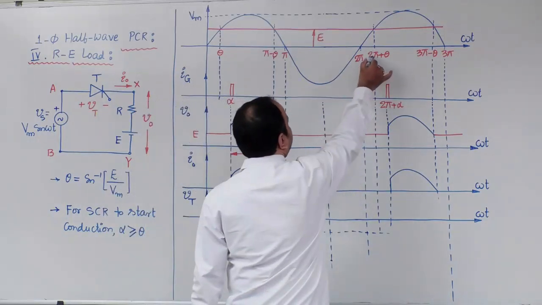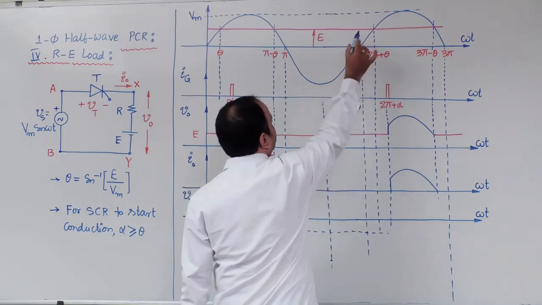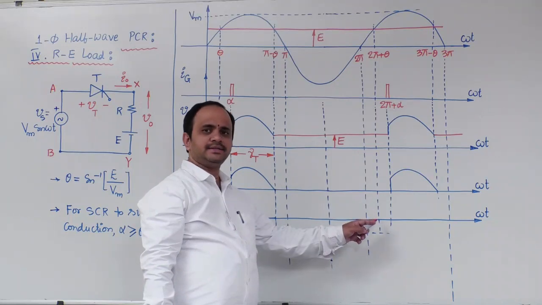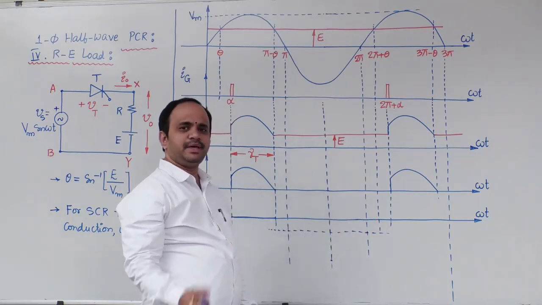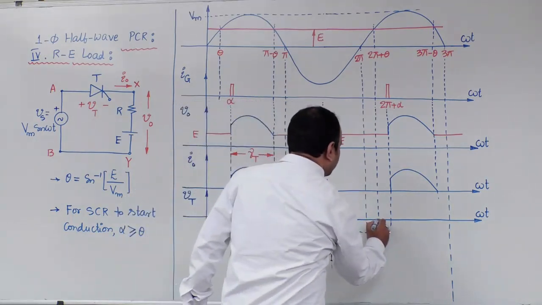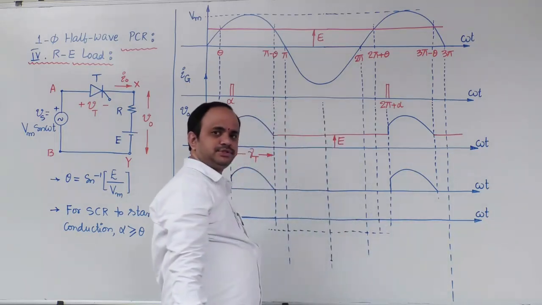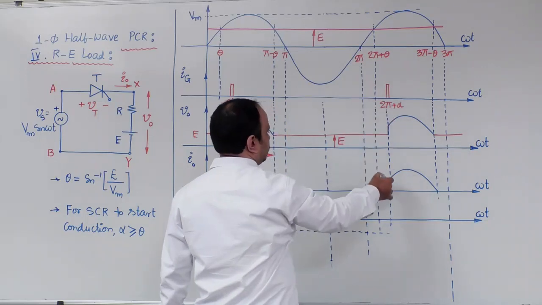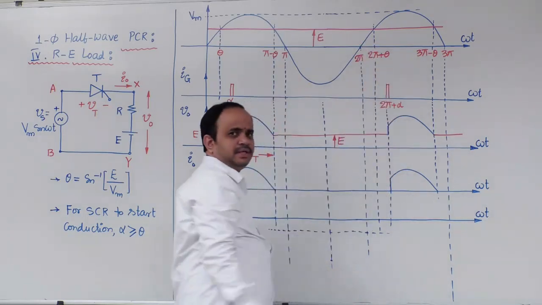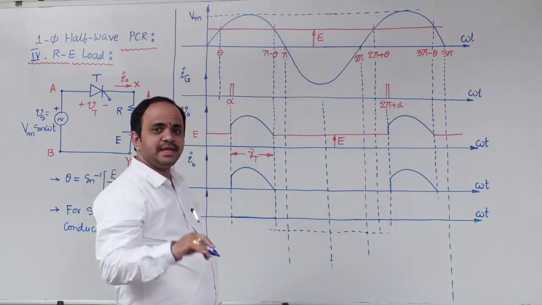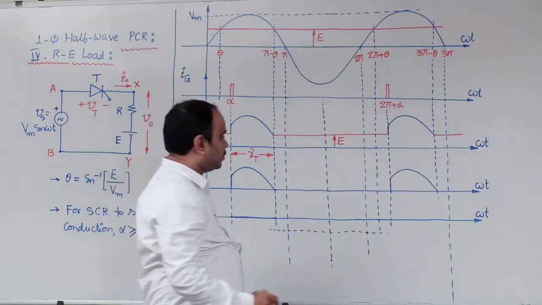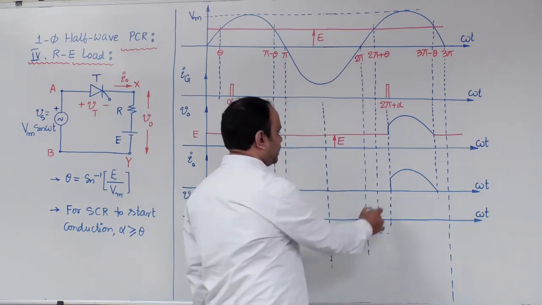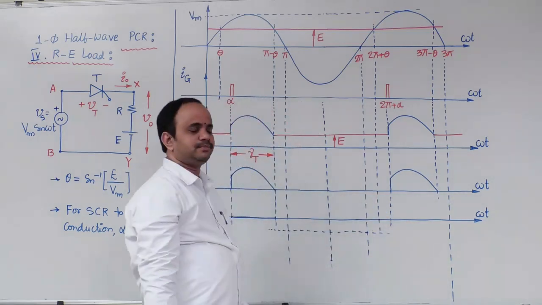Next, at 2 pi plus theta, both the sinusoidal value and load EMF E are equal, and hence the voltage across SCR will be 0. So we will get that value here as 0. Next, at 2 pi plus alpha, the sinusoidal value is Vm sin alpha minus load EMF E. As Vm sin alpha is greater than E, you will get that difference as positive.